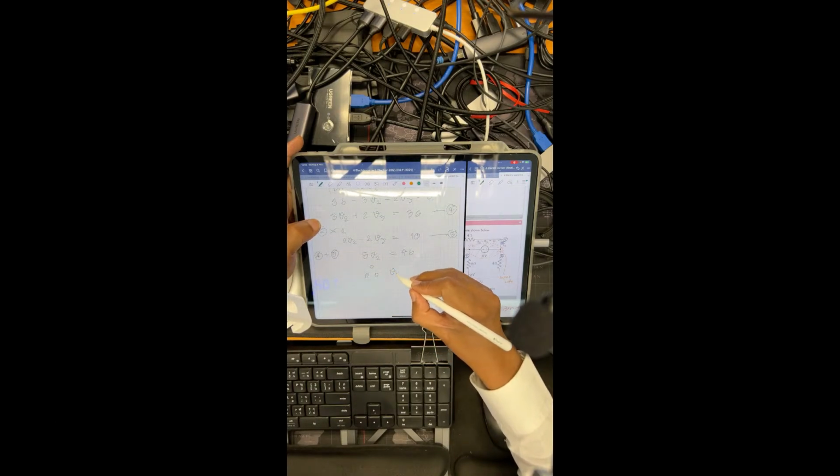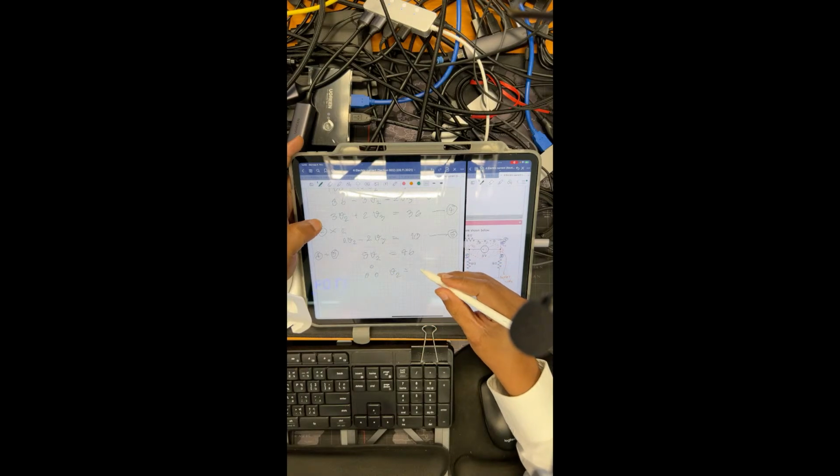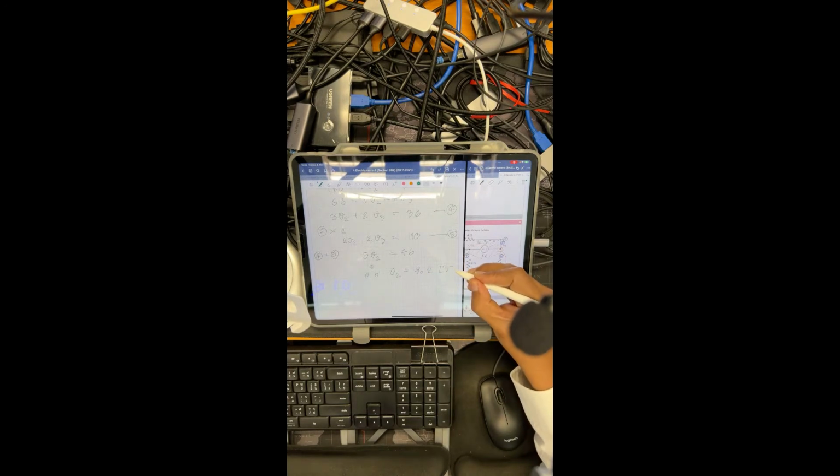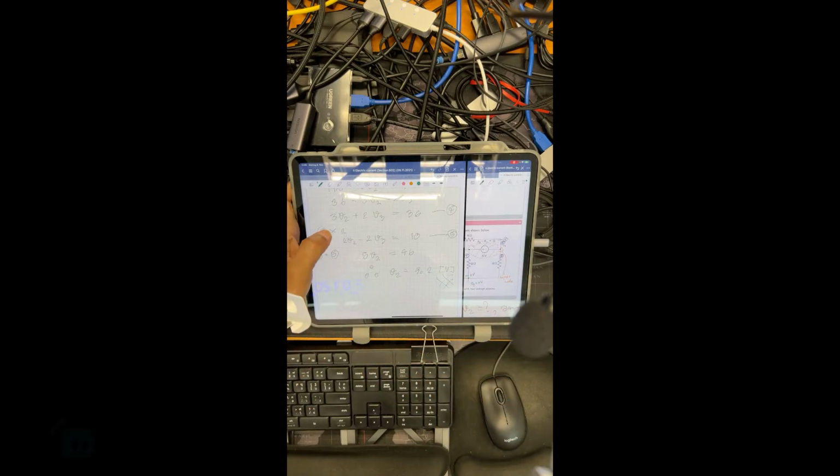So V2 will be 9.2 volts, and that's it. What about V3? From the second equation, V3 should be less than V2 by 5.